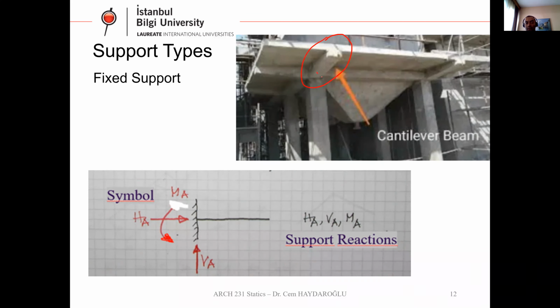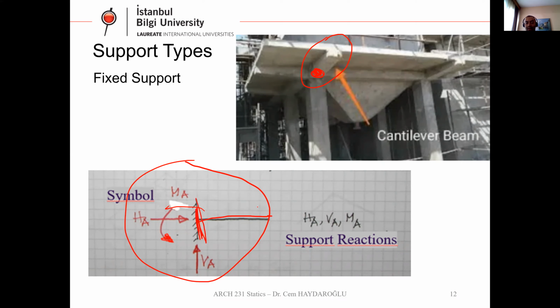This point is a fixed support for this cantilever member. As you can see here, this is my cantilever member.